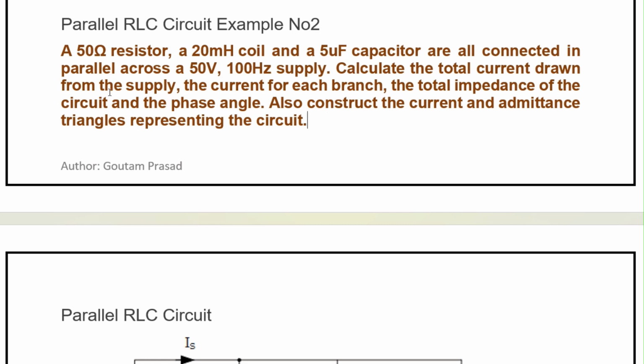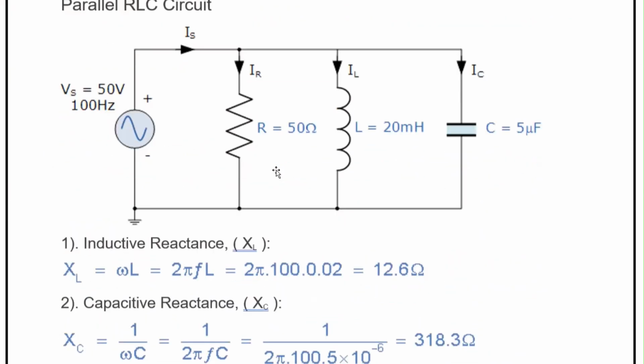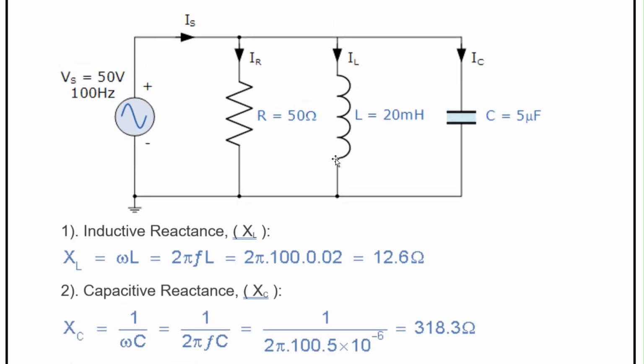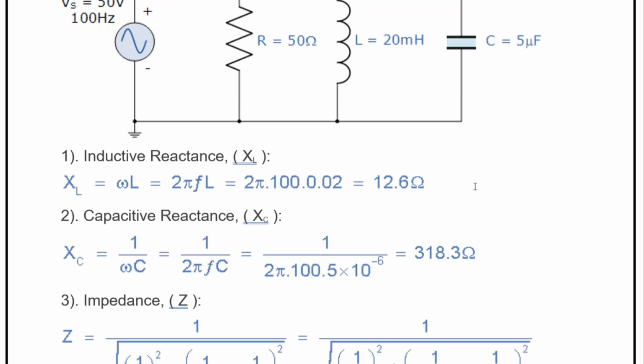Calculate the total current drawn by the supply and the current for each branch, the total impedance of the circuit, and the phase angle also. Also construct the current and admittance triangle representing the circuit. Here the values given are: 50 volt, 100 hertz supply, R is 50 ohm, L is 20 millihenry, and C is 5 microfarad.